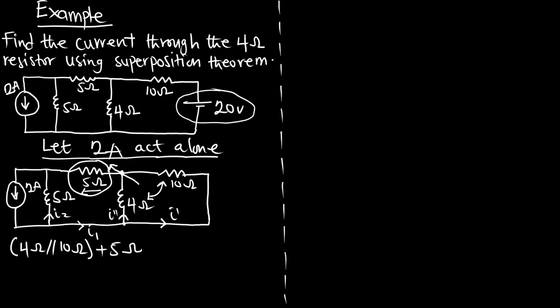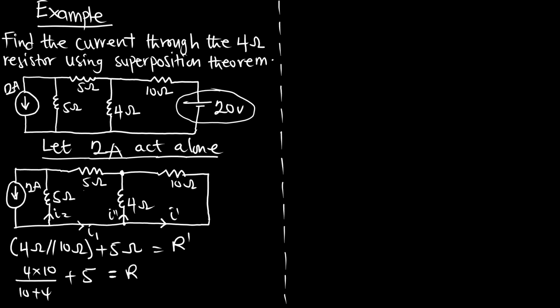So first, let's work our mathematics. Let's call this R prime: 4 multiplying 10, on 10 plus 4, plus the series 5, and this is going to be our R prime.